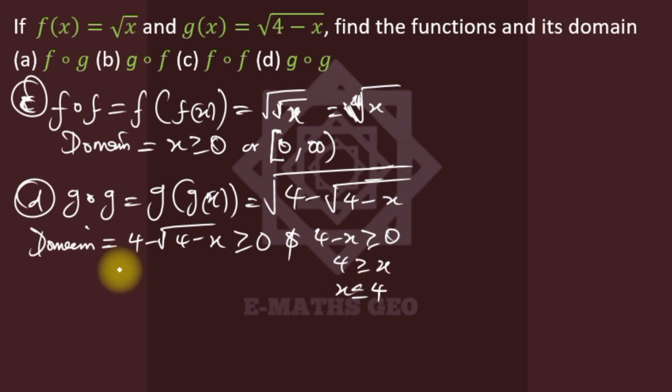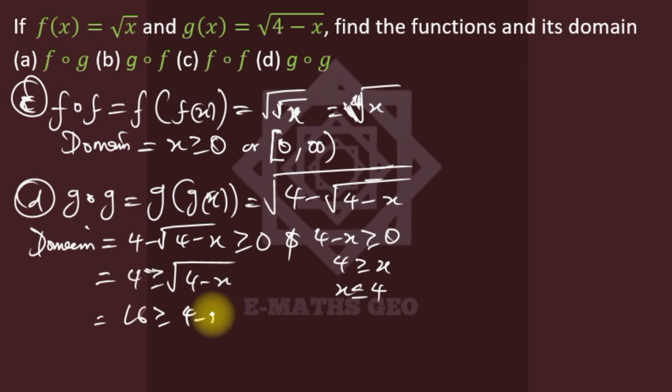For the other condition, we move that, and we have 4 is greater than or equal to the square root of 4 minus x. If we square both sides, I have 16 is greater than or equal to 4 minus x, which gives x greater than or equal to 4 minus 16, which is minus 12.